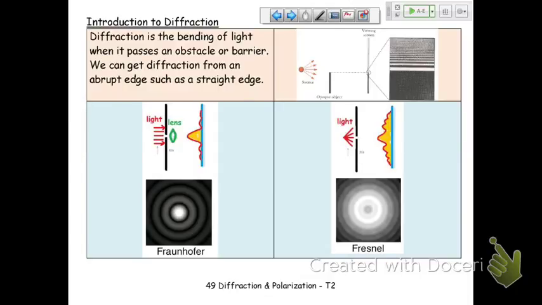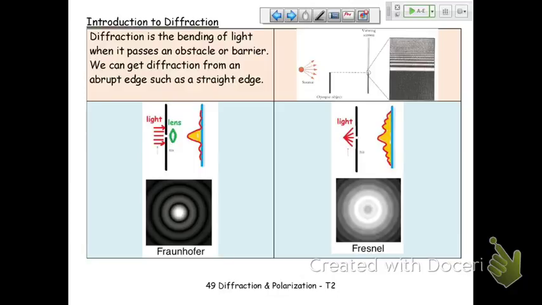If you put light through a single narrow opening, this is a pinhole, you will get not a spot of light, but you will get these discs around.